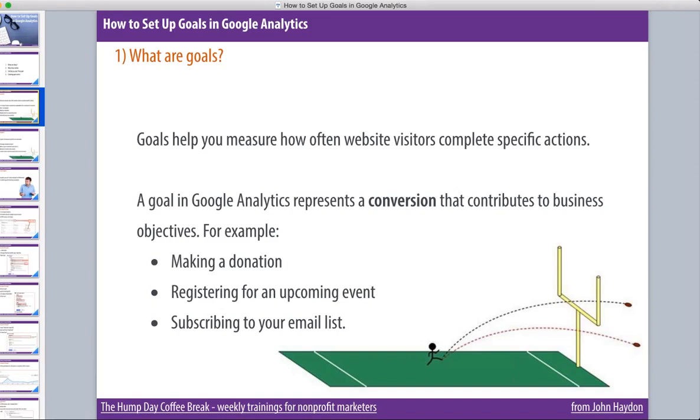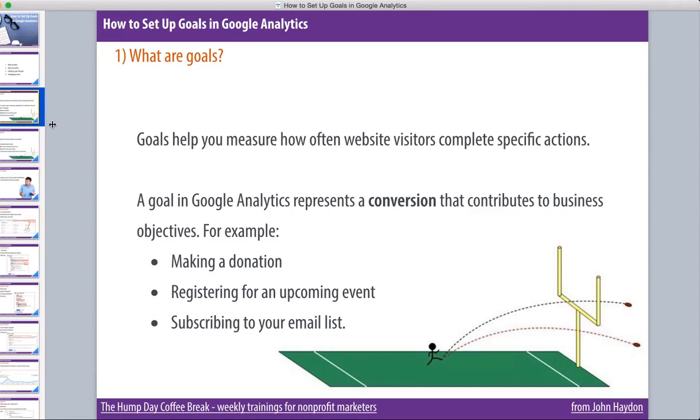So first of all, what are goals? Goals is actually a feature within Google Analytics, and it's the most important feature, and it really is the prerequisite for getting the most value out of Google Analytics. Essentially, goals help you measure how often website visitors complete specific actions.